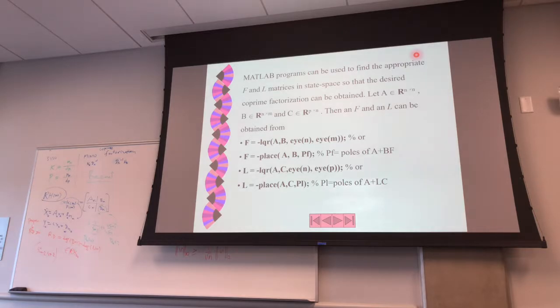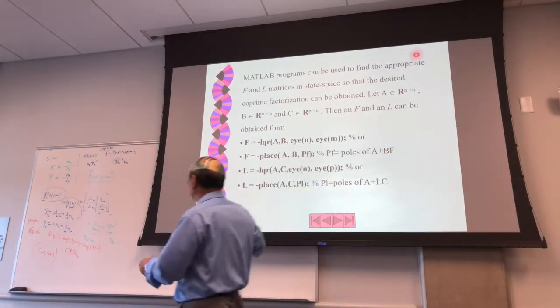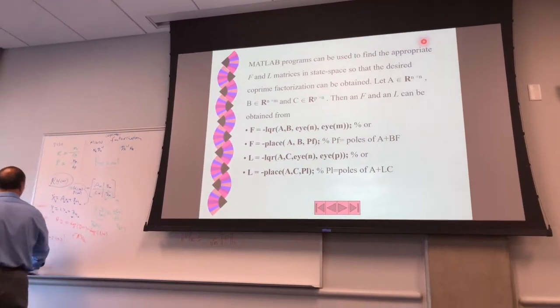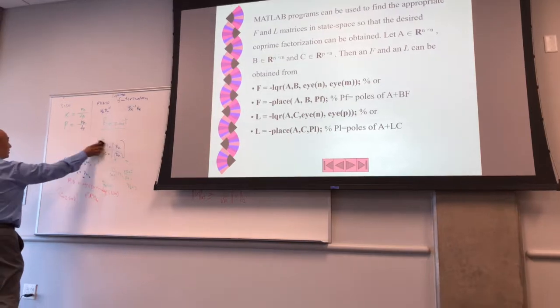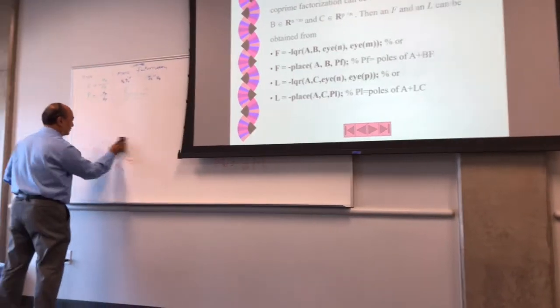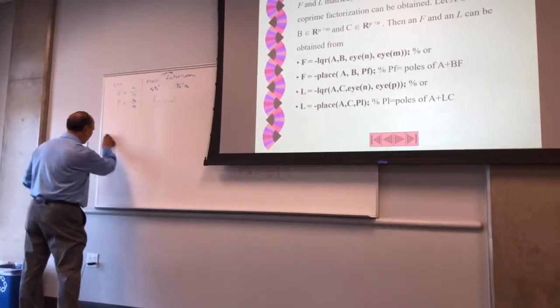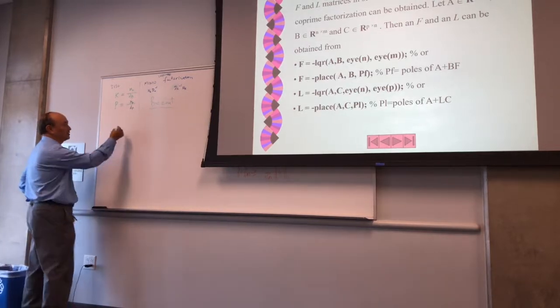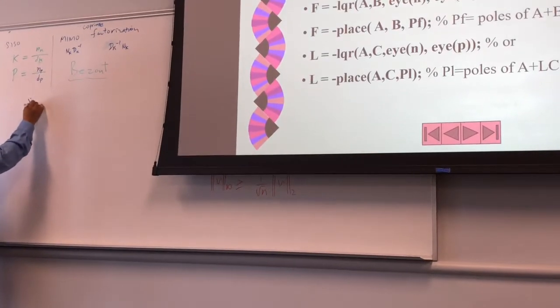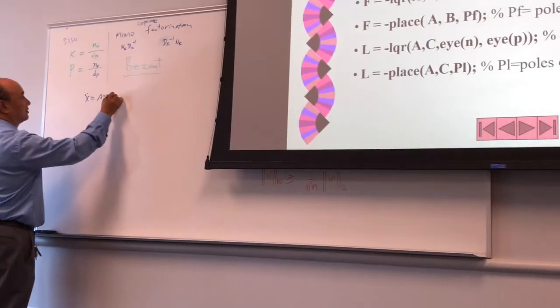So let me just say something about LQR. Because this is a constant reminder, I assume you know this. But what if you do not, or you don't remember clearly? Let's do this. Let's assume I have a system x dot equals AX plus BU.